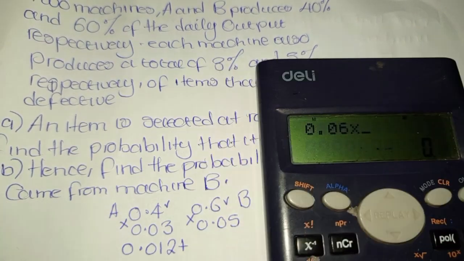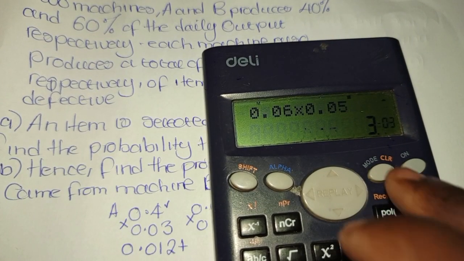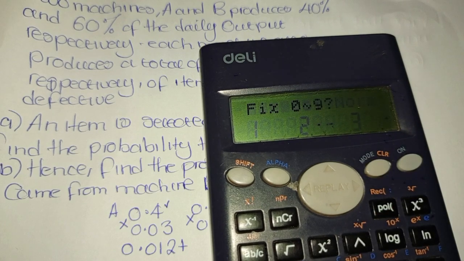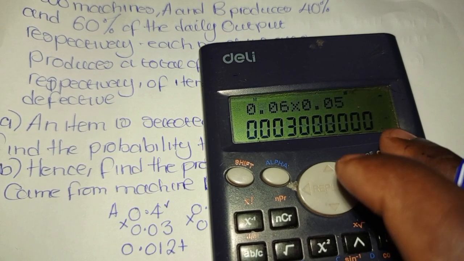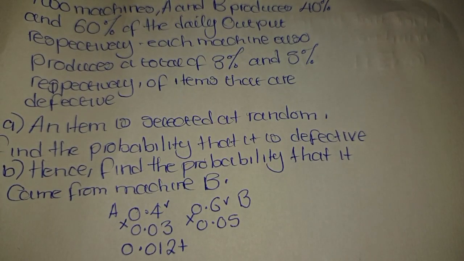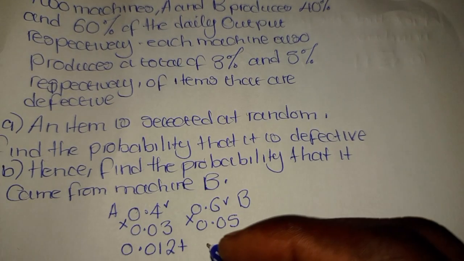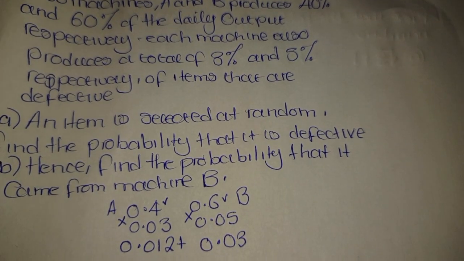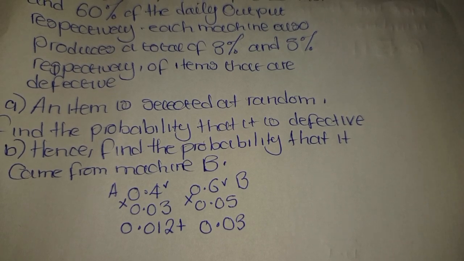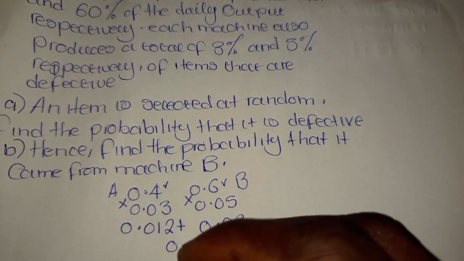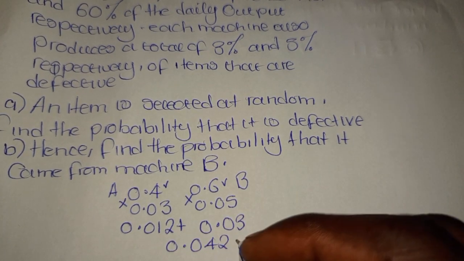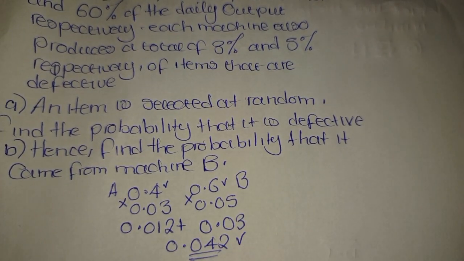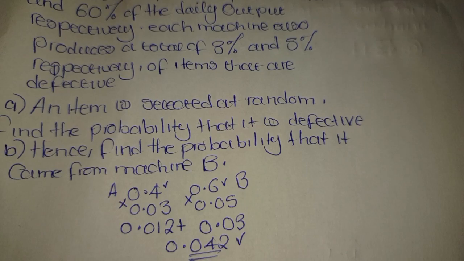So 0.6 multiplied by 0.05, you get the value to be 0.03. Then from here, you add 0.012 plus 0.03, you get the value to be 0.042. So this is how basically you handle such kind of questions.